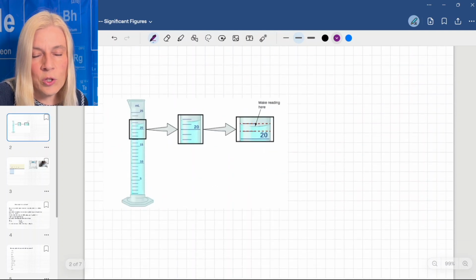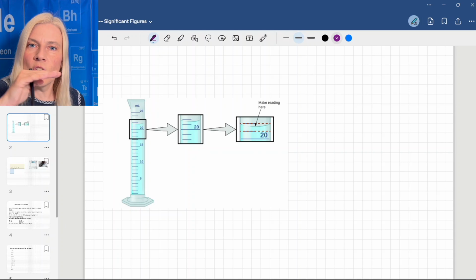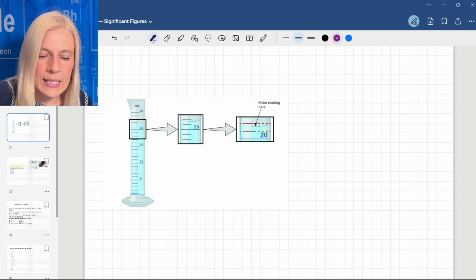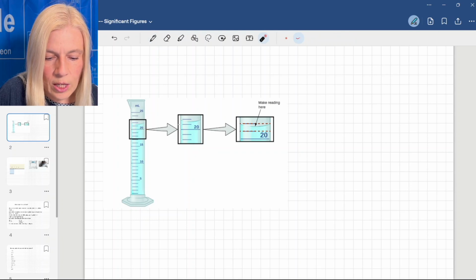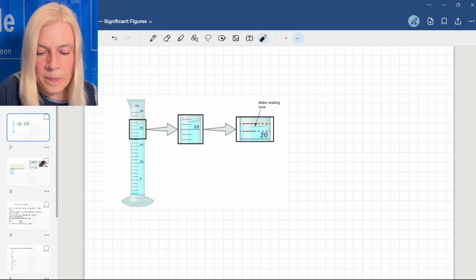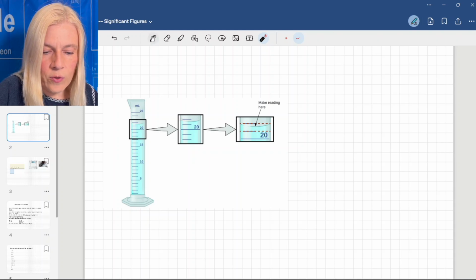So here, usually our liquid will not be just a straight line. We will be reading the bottom of the meniscus. Another example: if our 20 mils is here, the bottom, and we're going to look at 25. Each tick mark here is 1 milliliter apart. So what do we know for sure?